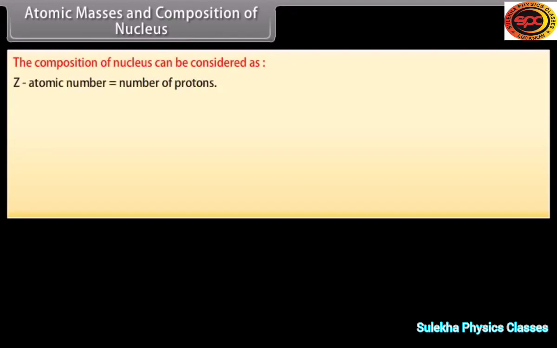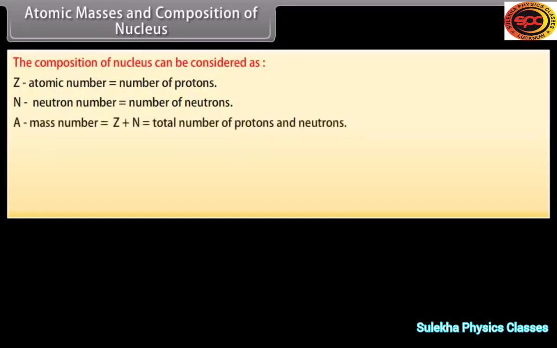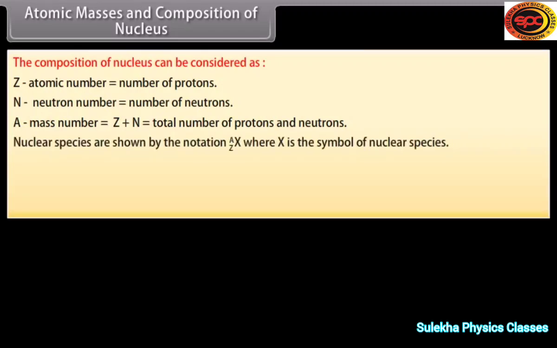Let Z be the atomic number, which is equal to the number of protons. Let N be the neutron number, which is equal to the number of neutrons. Let A be the mass number, which is equal to Z plus N, the total number of protons and neutrons. Nuclear species are shown by the notation, where X is the symbol of the nuclear species.